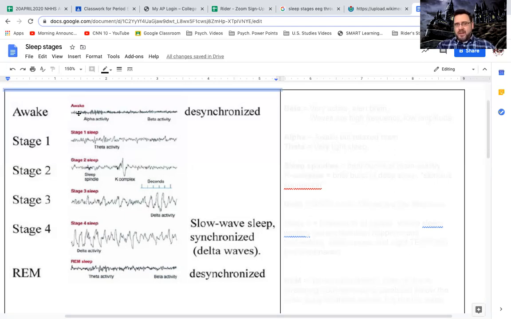Amplitude we can think of as measuring the height of these brain waves. So up here we have the very active brain showing high frequency brain activity and low amplitude waves. That means the waves are very short. Okay, now we're looking vertically. Look at the short little compact waves.